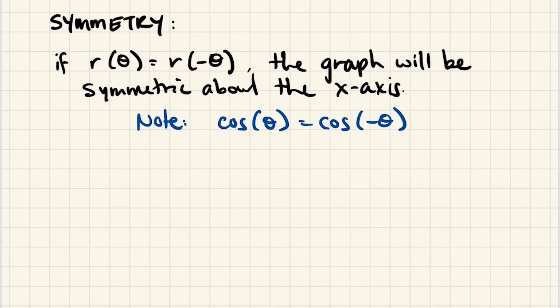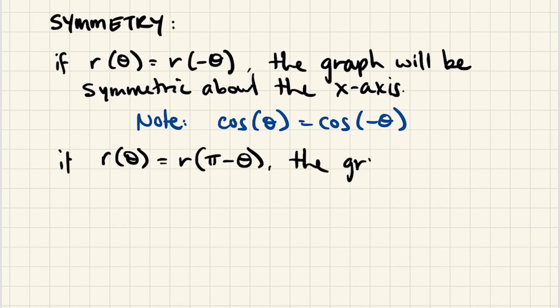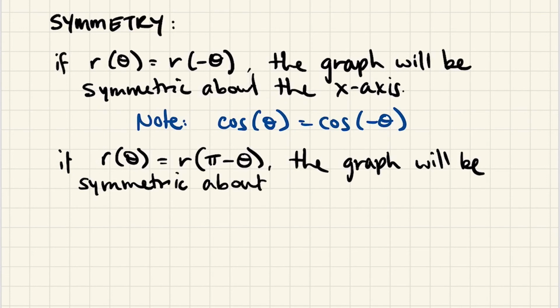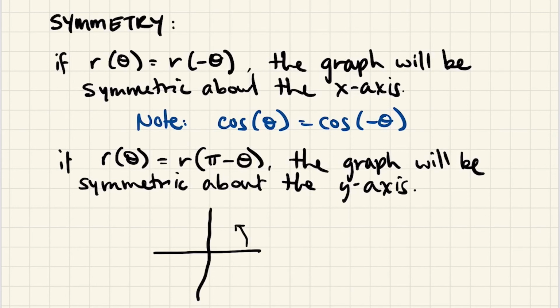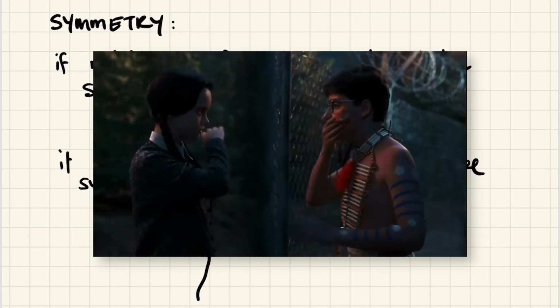Okay, now what about symmetry about the y-axis? Well, that's if you have r of theta equaling r of pi minus theta. Then the graph will be symmetric about the y-axis. And the picture there is that if your theta is being read here as, of course, normal, pi minus theta will be reflected this way. And so you're going to get that symmetry on the other side.